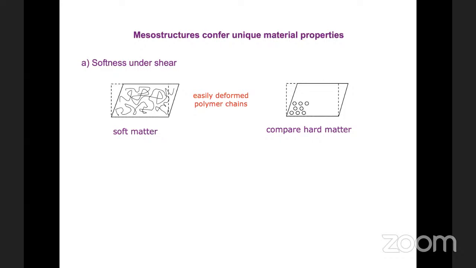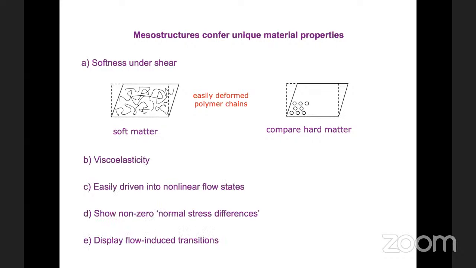The reason is that the typical energy scale for deforming these substructures from an initially undeformed configuration is entropic, set by kT, as compared to the strong bonds that hold together a conventional hard, crystalline solid, such as a salt crystal. So these materials are soft under an applied shear.